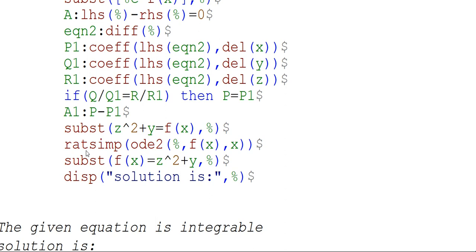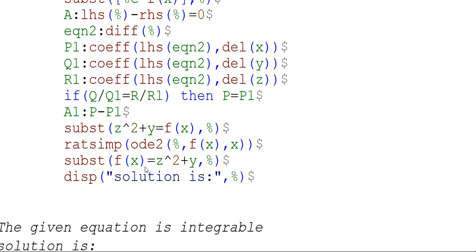I should solve the differential equation. The command for this is ODE2 of the previous expression. Here the dependent variable is f of x and the independent variable is x. This has to be simplified, so we give the command ratsimp of ODE2 of percentage comma f of x comma x.